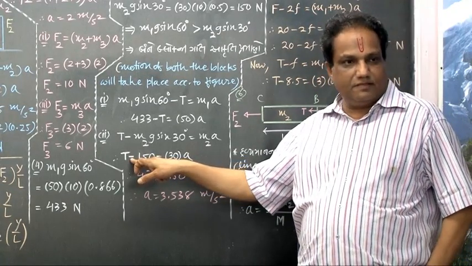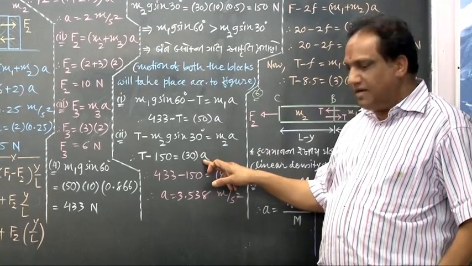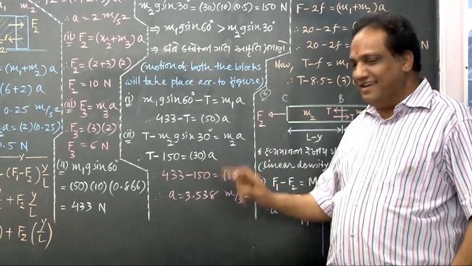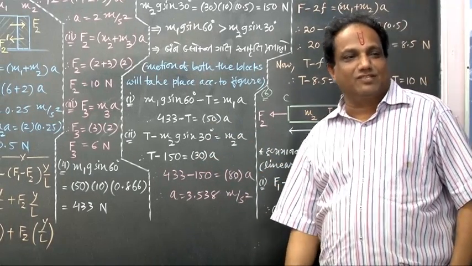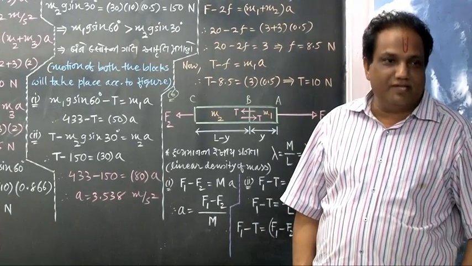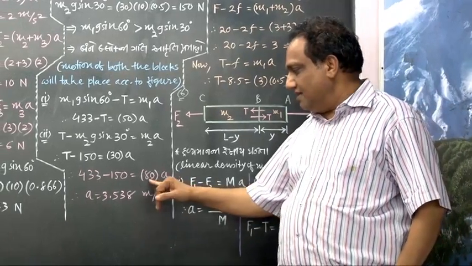When you take this plus this, A is common: 50A plus 30A. How will you make the addition? A is taken common, inside the bracket 50 plus 30. 50 plus 30 is how much? 80. That's what I have done here.